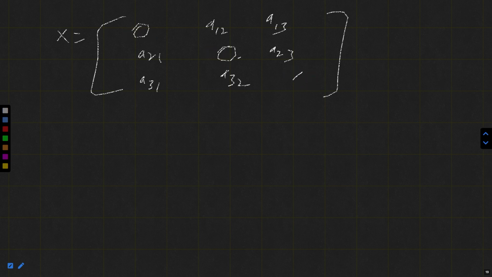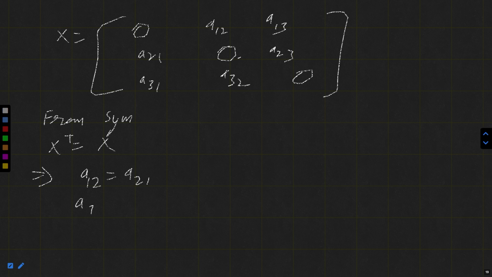From symmetric matrices, X transpose equals X implies that a12 equals a21, a13 equals a31, and a23 equals a32.